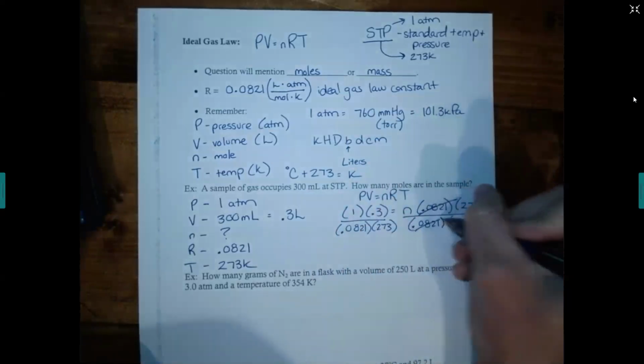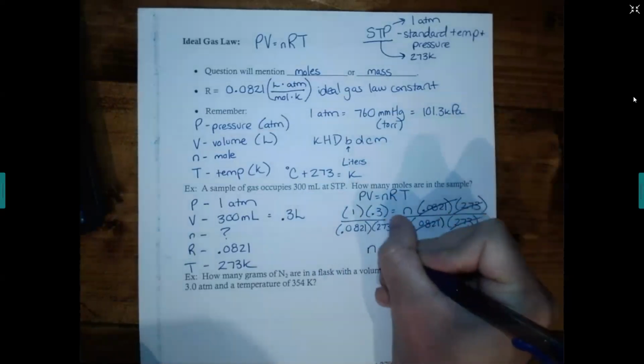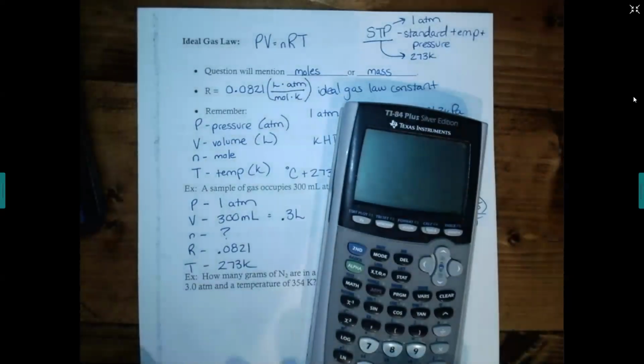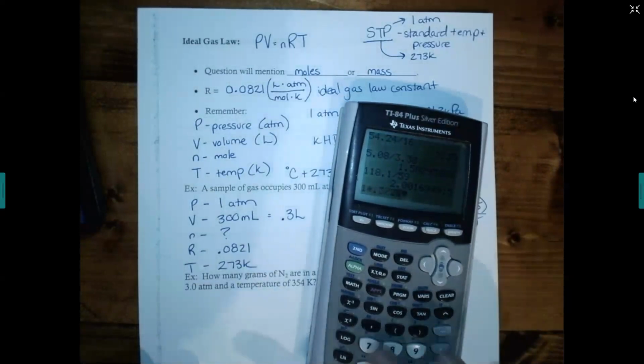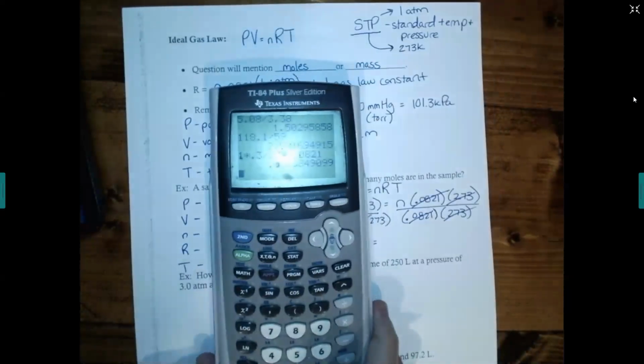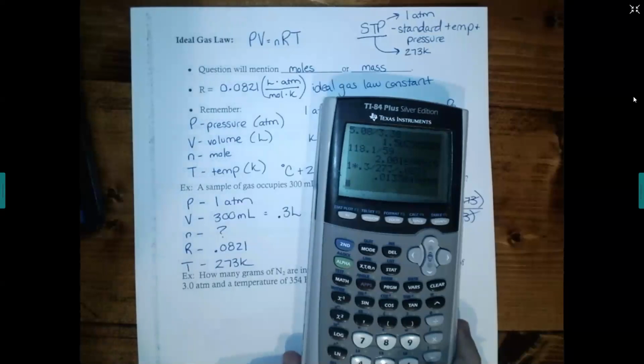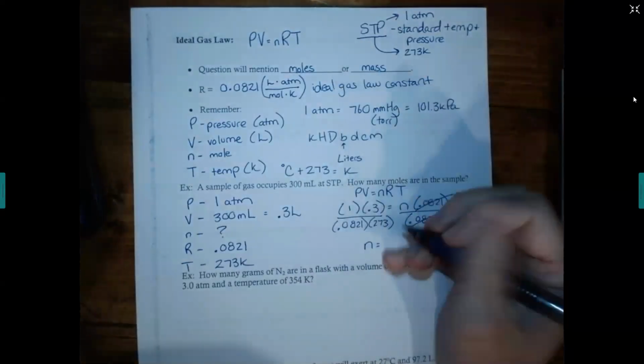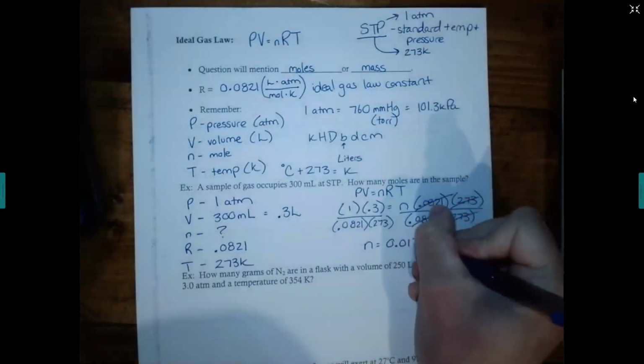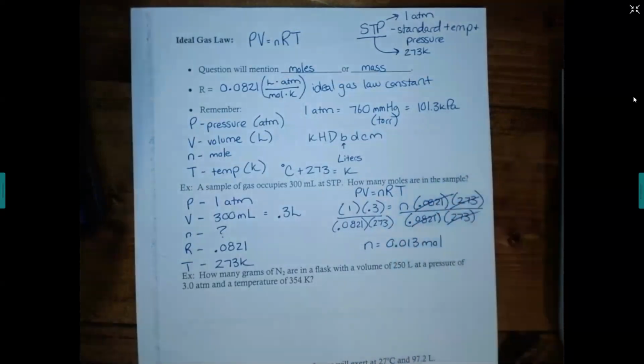So these cancel, and now we're going to plug this in. 1 times 0.3 divided by 273 divided by 0.0821 gives me 0.013 moles.